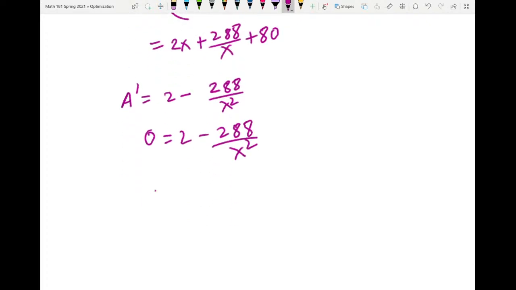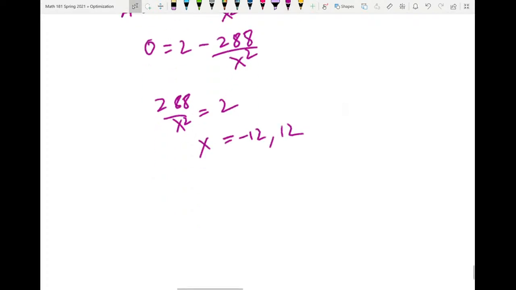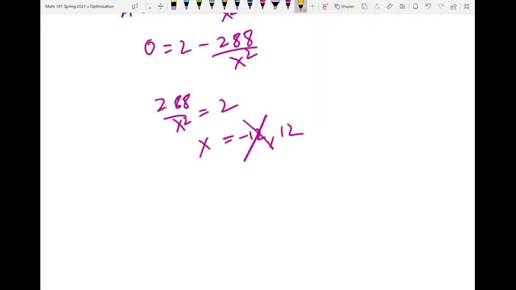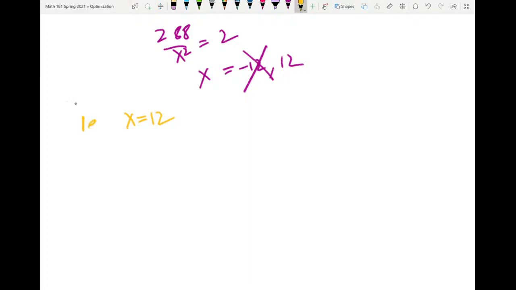You get 288 over X squared equals 2. So therefore X equals negative 12 and positive 12. Well, we can't use the negative number, so let X be 12.